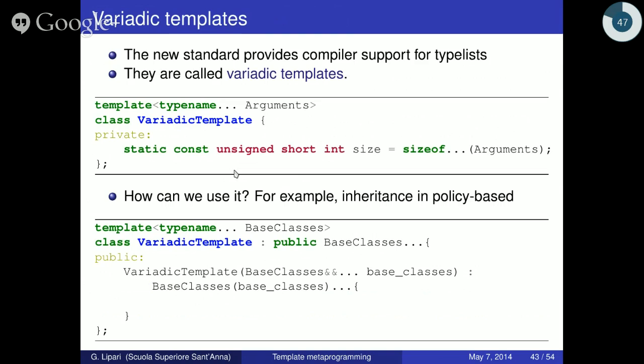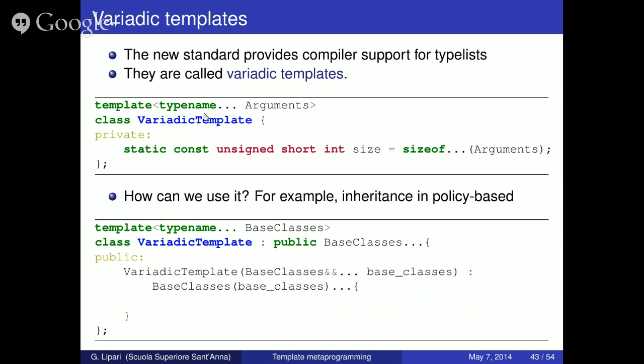In fact, the new standard provides compiler support for type lists by introducing the concept of variadic templates. A variadic template is a template with a variable number of arguments. If I want to know how many arguments have been passed to the template, I can write this specific syntax here, which means count the number of template arguments.